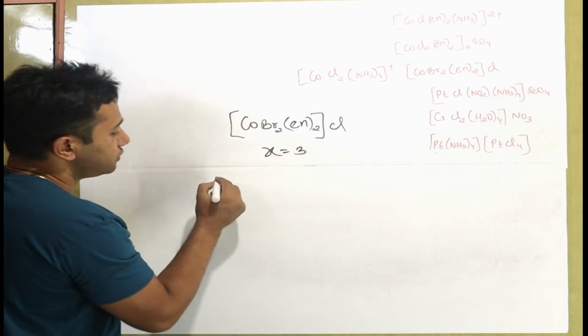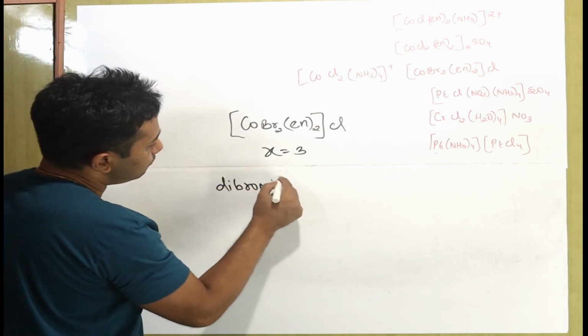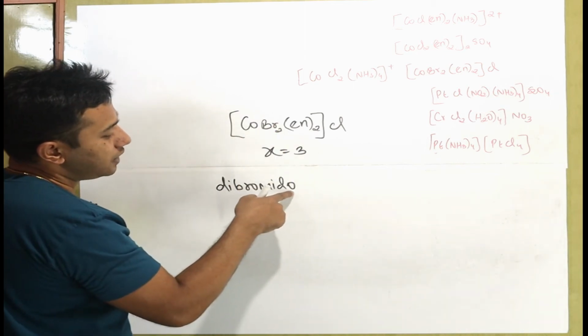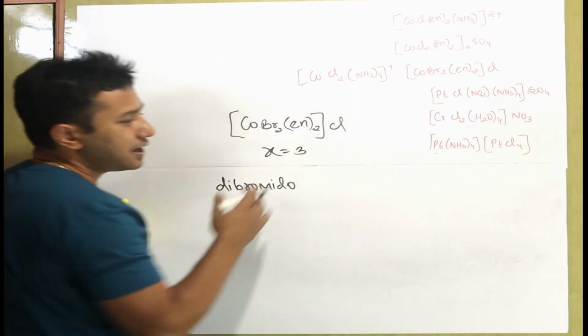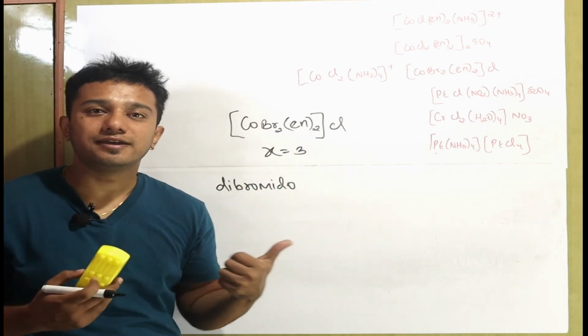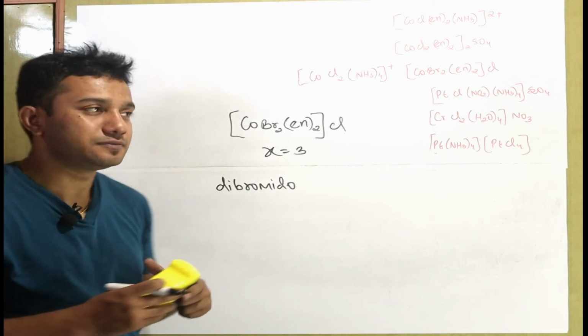So we have 2 out here. So it will be dibromido. Since this is negative, it will end with O. And for En we don't write di, tri, tetra. For En we write bis, tris.